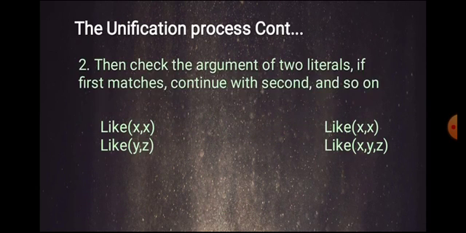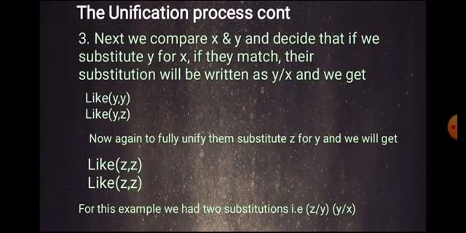Now after checking the arguments, we move towards the third thing. The examples remain as they are. Next we have to compare x and y and decide whether, if we substitute y for x and they match, the substitution will be written as y slash x.